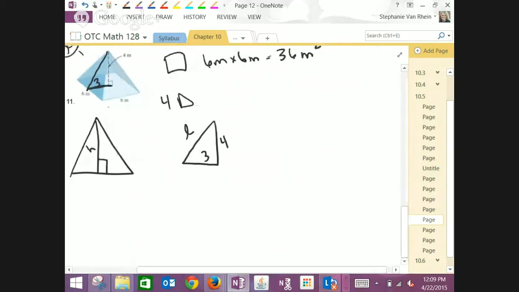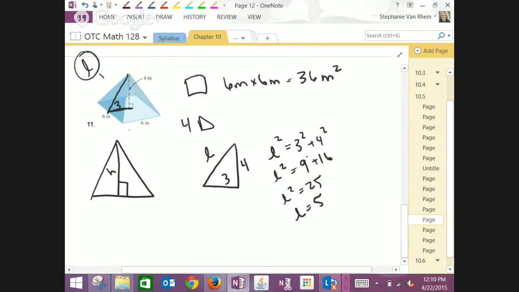So I need to calculate L, and L squared is 3 squared plus 4 squared. So L squared is 9 plus 16, so L squared is 25. So L would be 5, if I did the math correctly there, you see that?